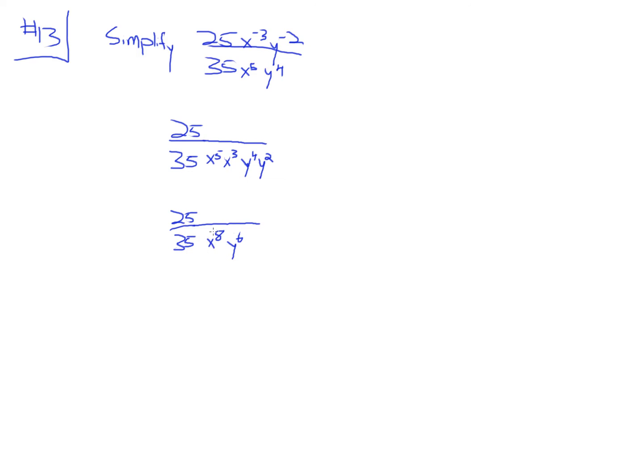So now I've taken care of my variables with their exponents. Now I'm going to look at this 25 and 35, and I say, okay, 5 goes into both of those. So I'm going to get 5 over 7 x to the 8th, y to the 6th. Sorry, I don't know why I did another x there. And there is our answer.